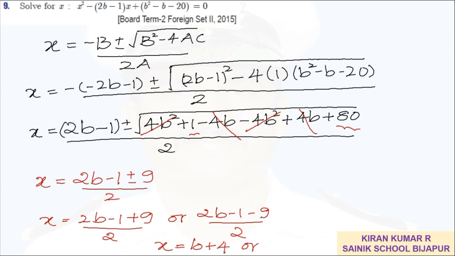Here it becomes negative 10, so b minus 10. These are the roots. This is an important step. You should not forget to cancel the terms here.